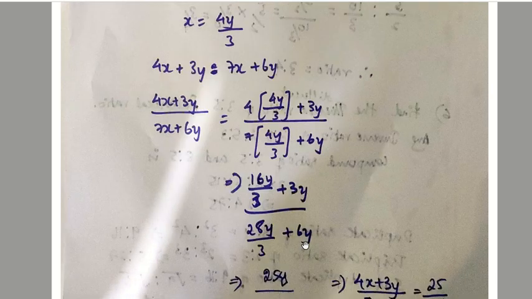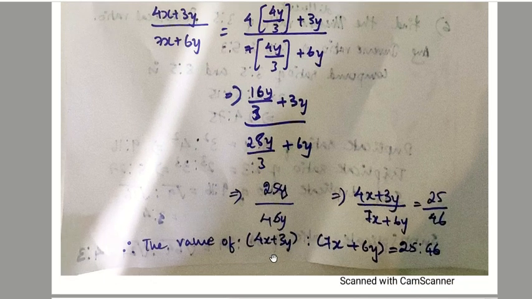So which is equal to, so you just multiply it. 4 into 4 is 16y divided by 3 plus 3y, the whole divided by 7 into 4, 28y divided by 3 plus 6y, which is equal to, so 16y plus 3 into 3y, 9y. So LCM will be 3.